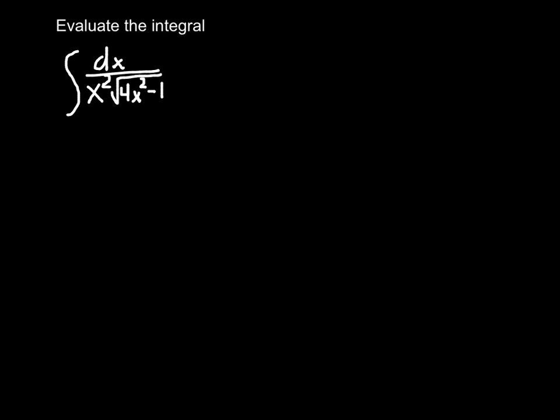But we need the coefficient on x squared to be equal to 1. So we factor out a 4. And we make it 4 times x squared minus a 4th.